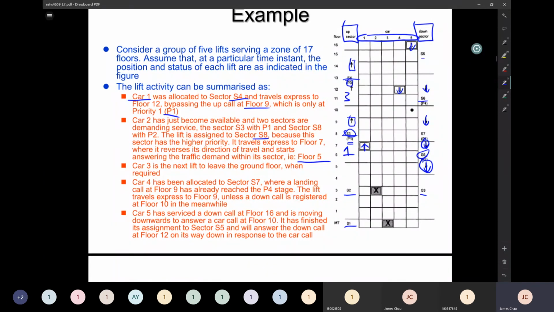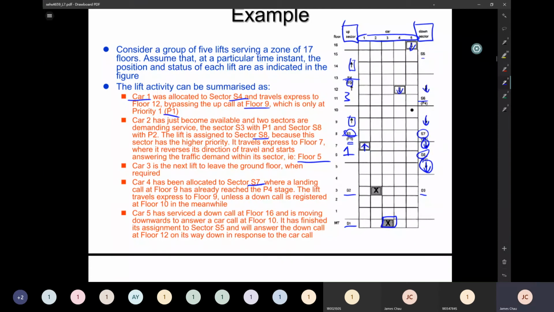Okay, now car 3 is next to the lift to the ground floor, and it stays here because it is assigned to the setter in the main terminal, S1. And car 4 will be allocated to setter 7 here because it has the higher priority.